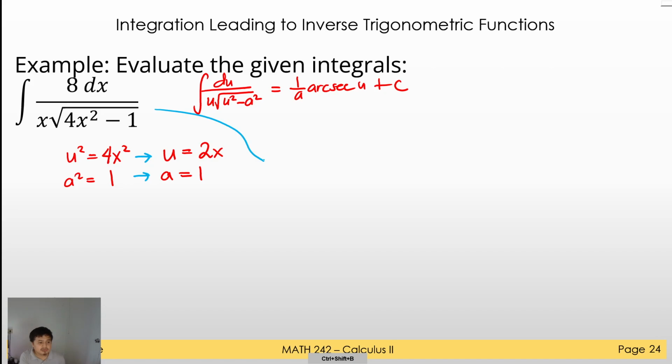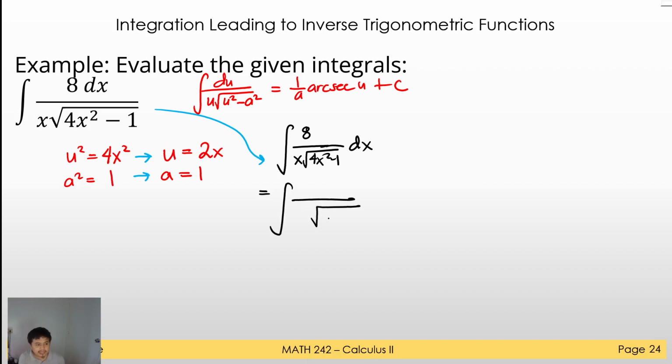So we can rewrite this one: the integral of 8 over x times the square root of 4x squared minus 1 dx. We can rewrite this 4x squared into u squared minus a squared, where 1 is now your a squared.